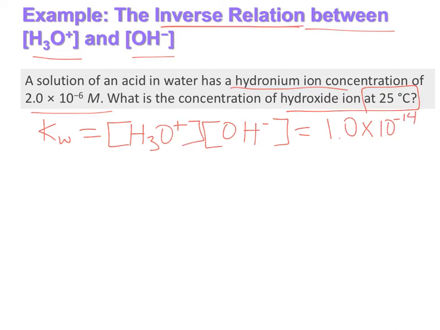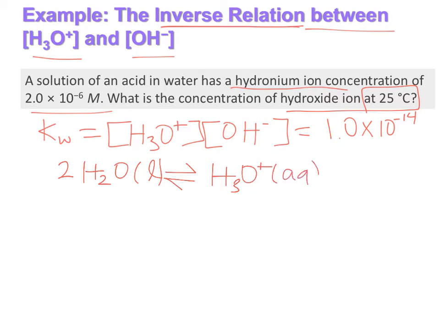But also, we can't forget that this is a reaction that's happening, right? For our ion product constant, we actually have two water molecules, remember autoionizing, to form hydronium, which is aqueous, and also hydroxide, aqueous.